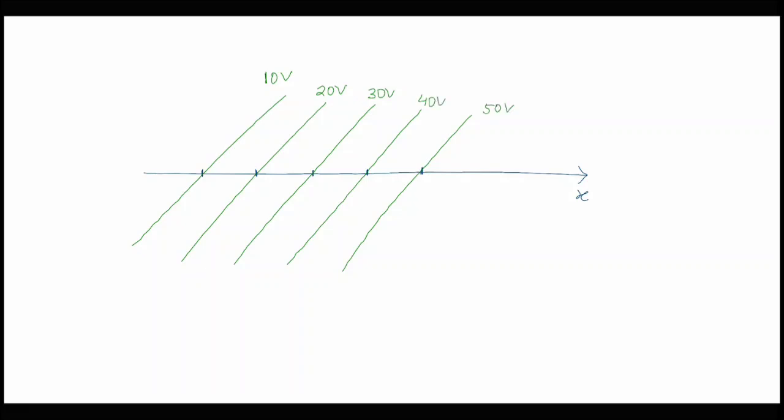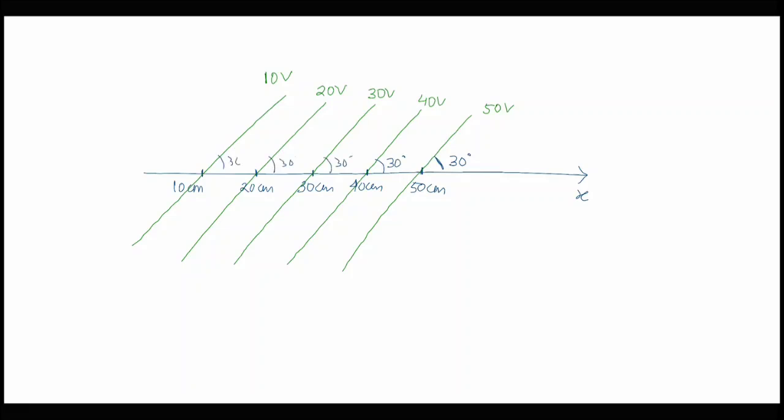Suppose the distances marked are in centimeter, 10 centimeter, 20 centimeter, 30 centimeter, 40 centimeter, 50 centimeter, and each of these equipotential lines makes an angle of 30 degree. The question asked is, find the magnitude and direction of electric field.